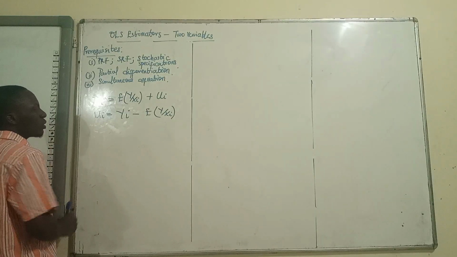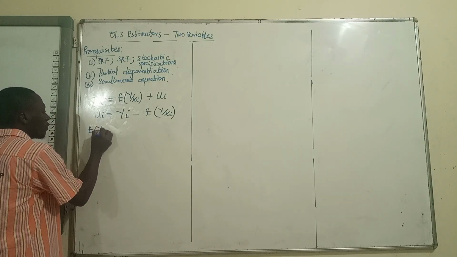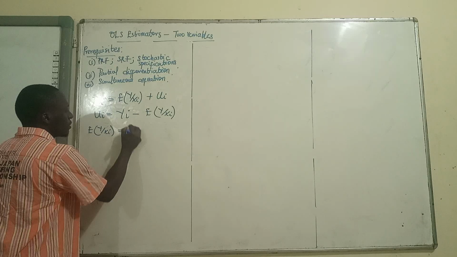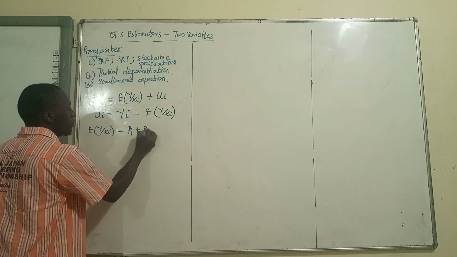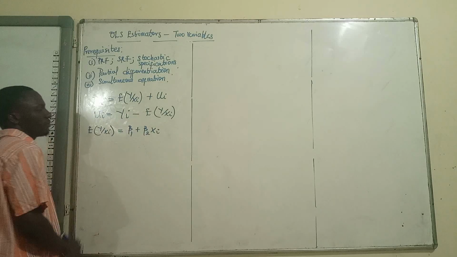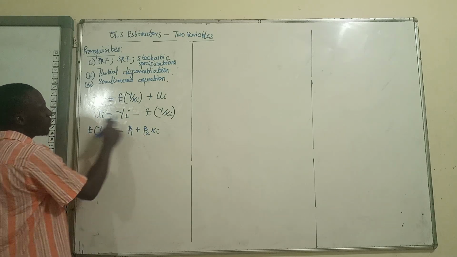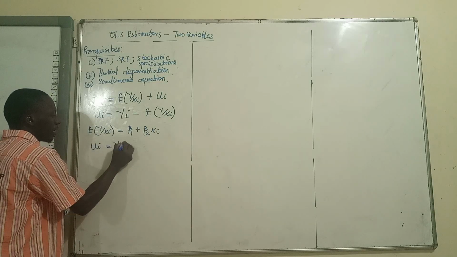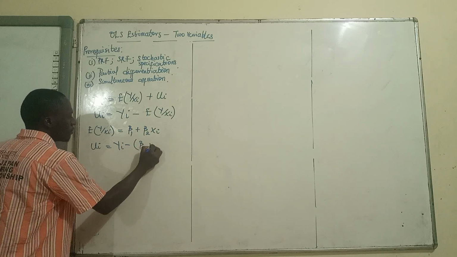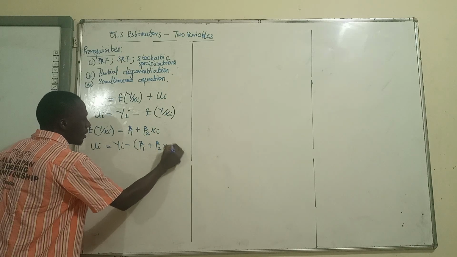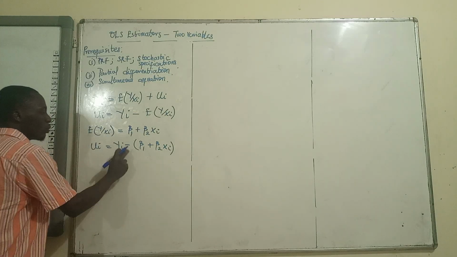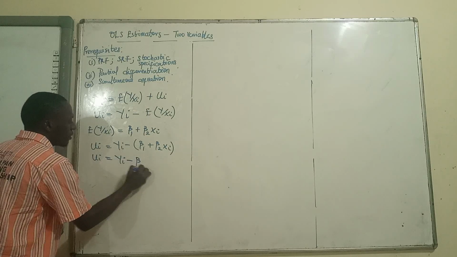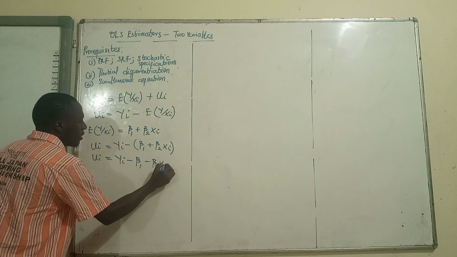You recall also that the expected value of y given xi, as specified by our linear regression model, is beta 1 plus beta 2 xi. So I can write ui equals yi minus (beta 1 plus beta 2 xi). Then when we open this bracket up, we have ui equals yi minus beta 1 minus beta 2 xi.